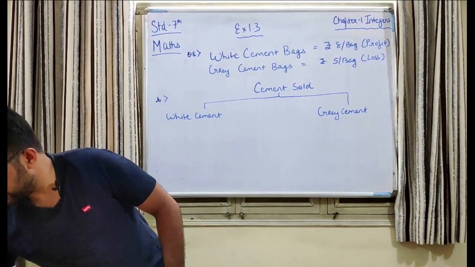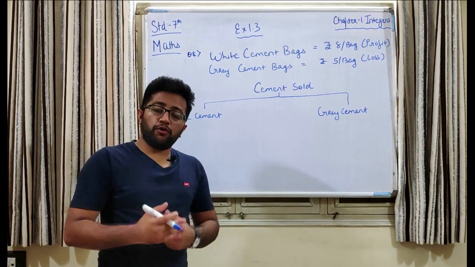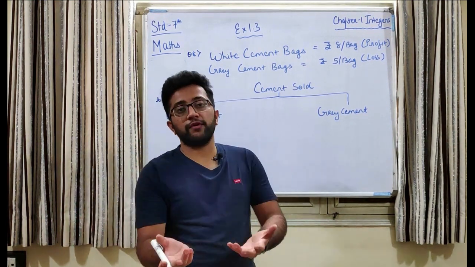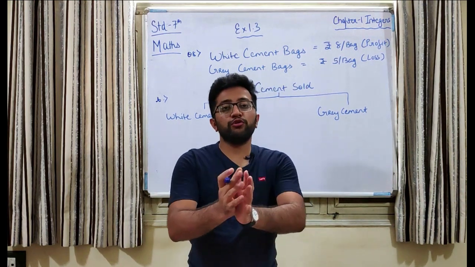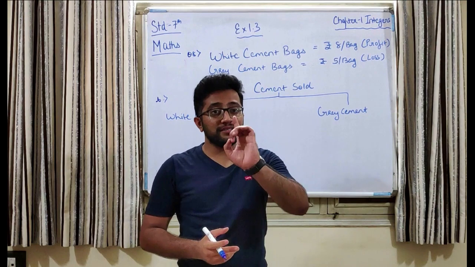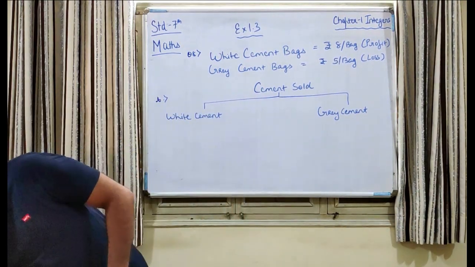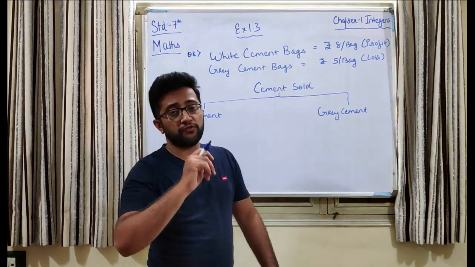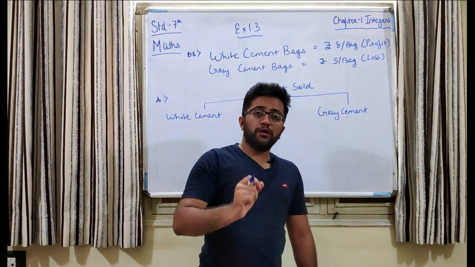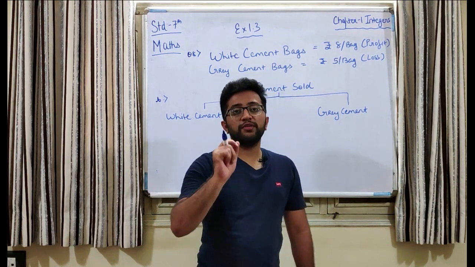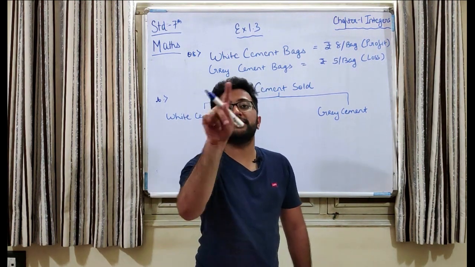Okay, so they are asking that we want to earn no profit and no loss. They don't want to earn any profit nor incur any loss, and they are selling 6400 bags of grey cement. They are asking in the question what number of white cement bags must be sold in order to earn no profit and no loss, that is 0.